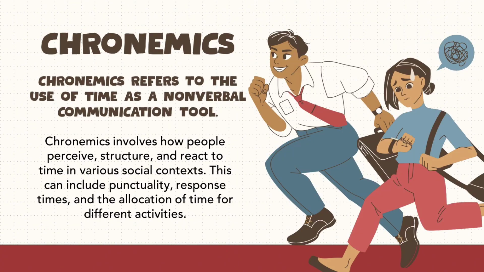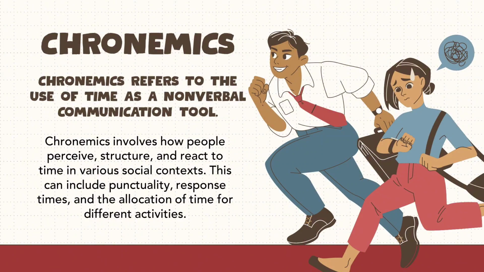The fourth type of nonverbal communication is chronemics. Chronemics refers to the use of time as a nonverbal communication tool. Chronemics involves how people perceive, structure, and react to time in various social contexts. These include punctuality, response times, and the allocation of time for different activities.